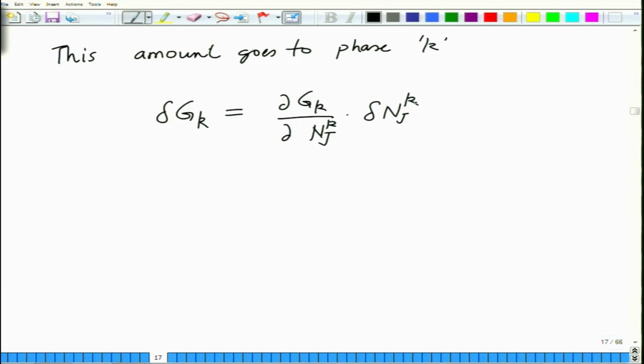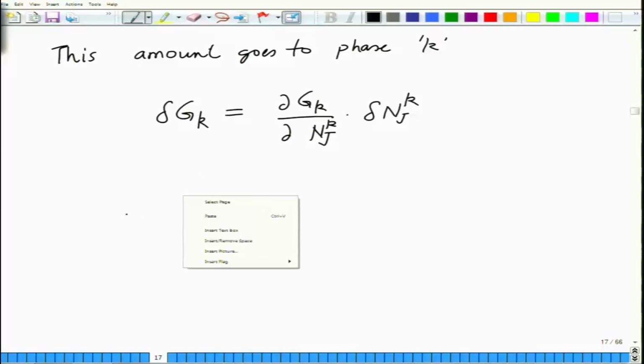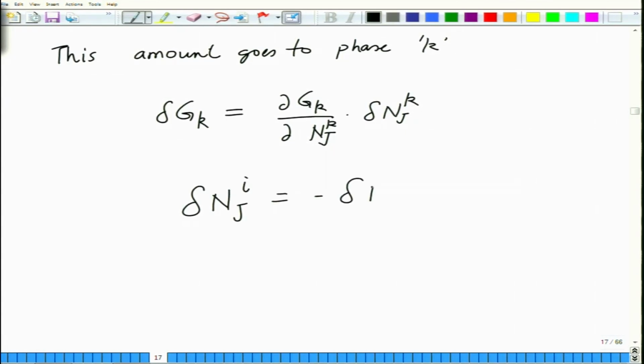So this is the free energy change that happens when the element has entered phase K, but the amount of solute that has entered phase K is the same as the amount of solute that has left phase I, which means del Nji is equal to minus del Njk, because the mass is conserved. So this is mass conservation.